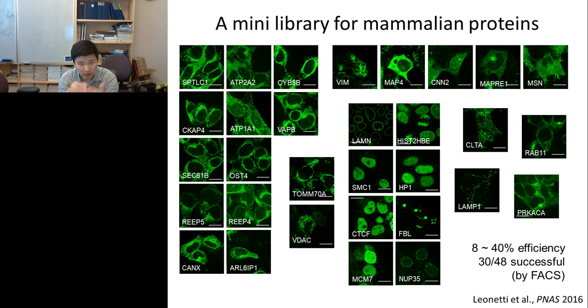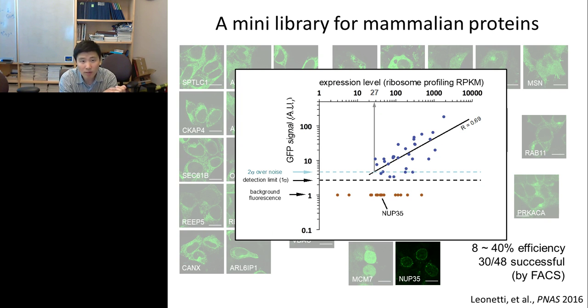For these 30, we typically have somewhere between 8 to 40% FACS positive cells, and that is a very efficient process. We can plot the whole cell fluorescence intensity measured by FACS against the expression level as measured by ribosome profiling. It's a pretty nice linear correlation. And for those that did not result in any FACS positive signal, those are the ones in brown color.